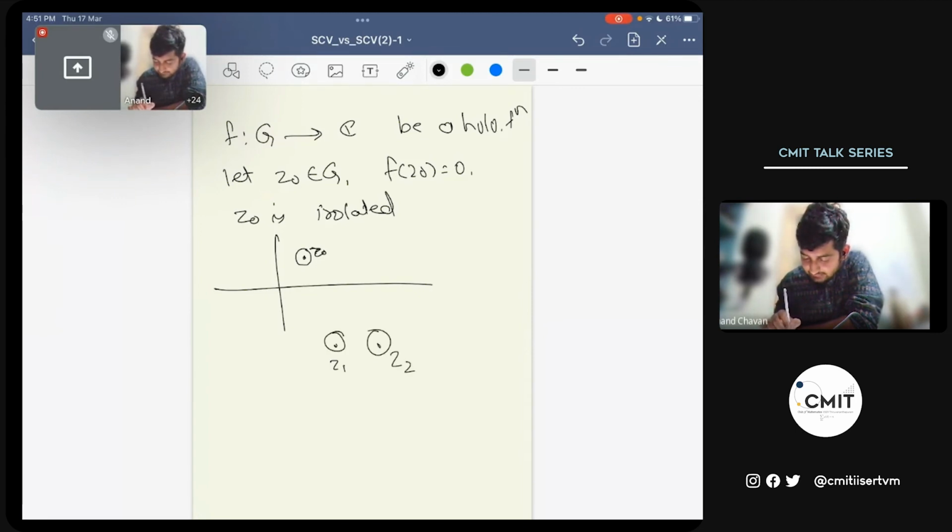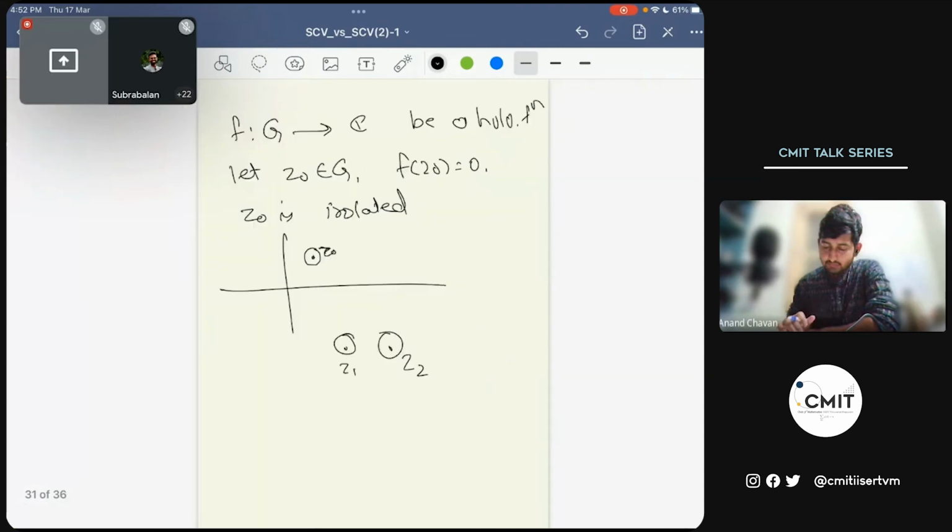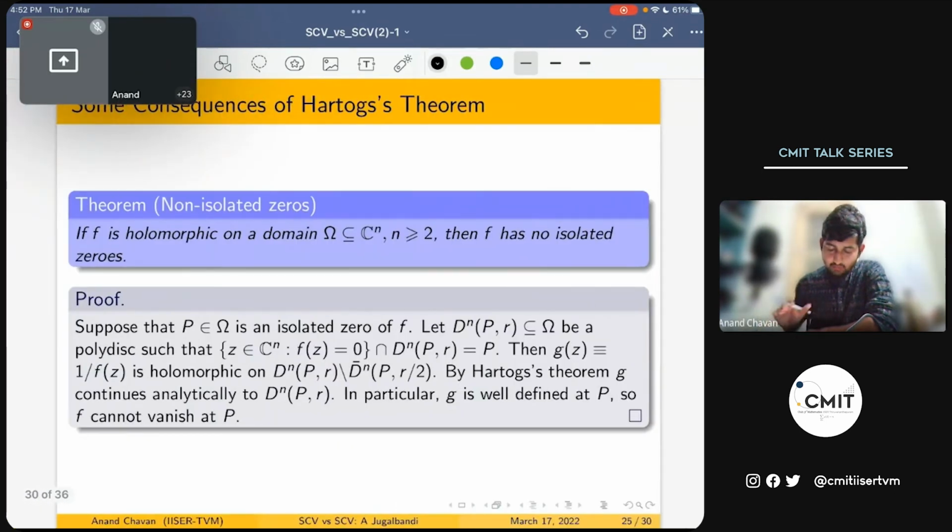They are not limit points, so we can always find a ball of sufficient radius to separate these two zeros. This happens only in a single complex variable. Now coming back to the theorem, non-isolated zeros.